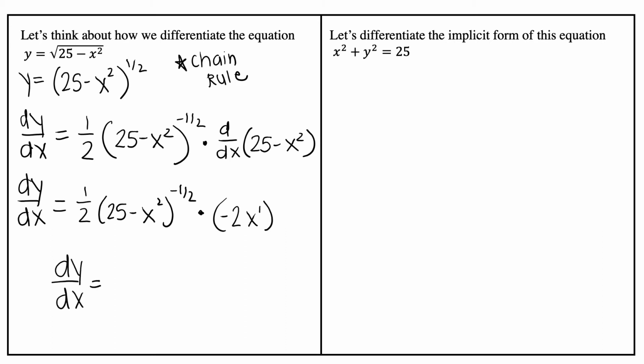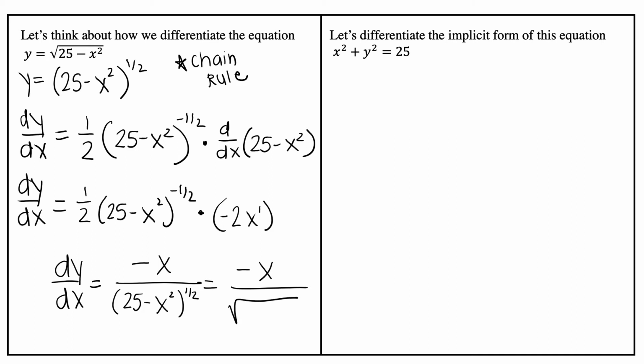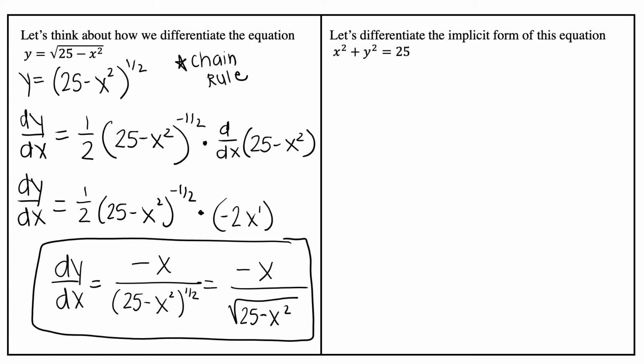Moving whatever's necessary into my denominator, my 2 and my negative 2 are going to cancel out, leaving me just with a negative x in my numerator over 25 minus x squared to the 1/2 power in my denominator, which I can, of course, also write as negative x over the square root of 25 minus x squared. So that's the chain rule that we've been doing for the past few days with our explicit functions.